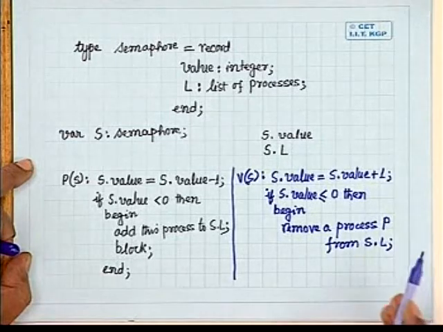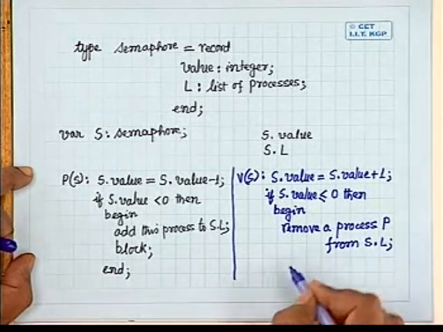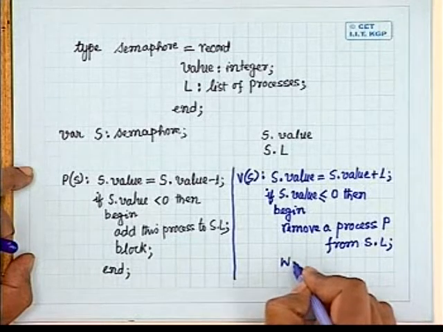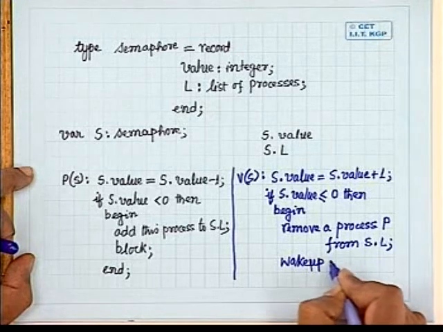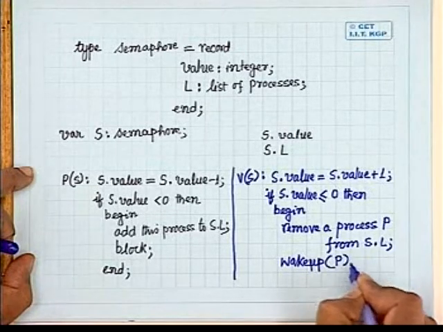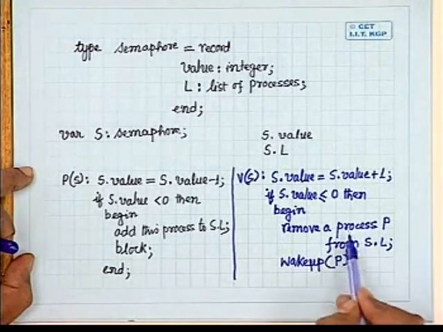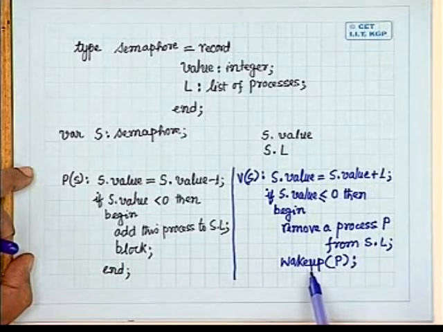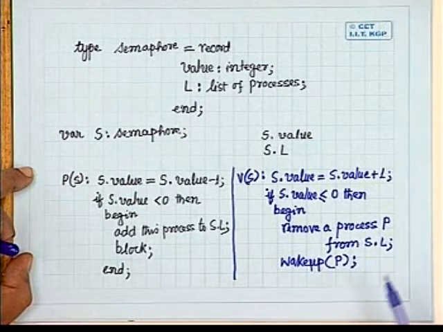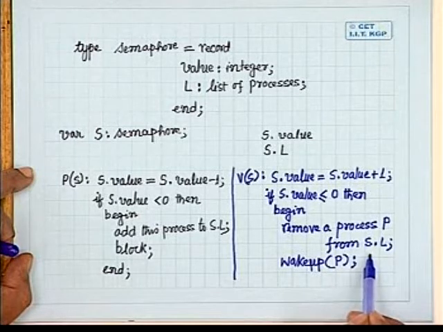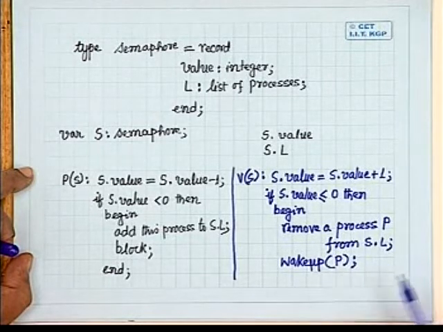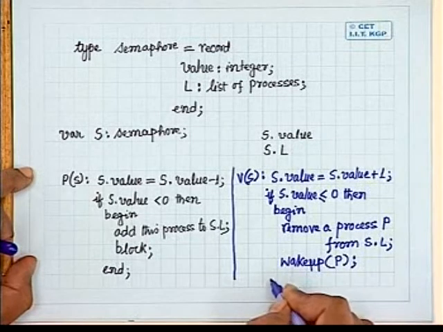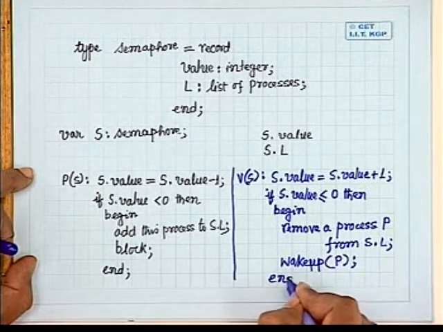After removing the process, it has to wake up P. That means earlier the process was in the waiting state. This wake up means it will change the state of the process removed from s.l from waiting to ready. It will be removed from the waiting state and put into the ready queue. And then finally end.